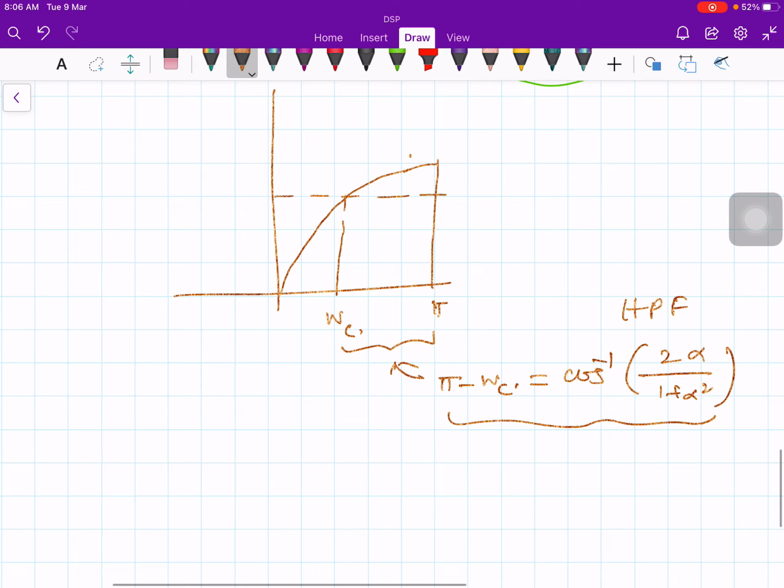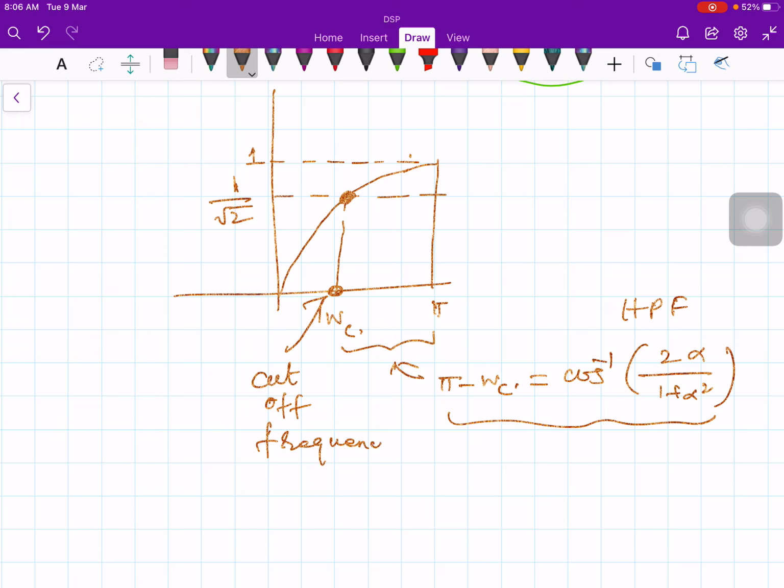Okay, and this point corresponds to 1 over root 2 of the maximum amplitude. The maximum amplitude is 1, and this frequency is the cutoff frequency for the high pass filter, and this is the bandwidth, and this is omega. So the bandwidth is going to be pi minus omega c.